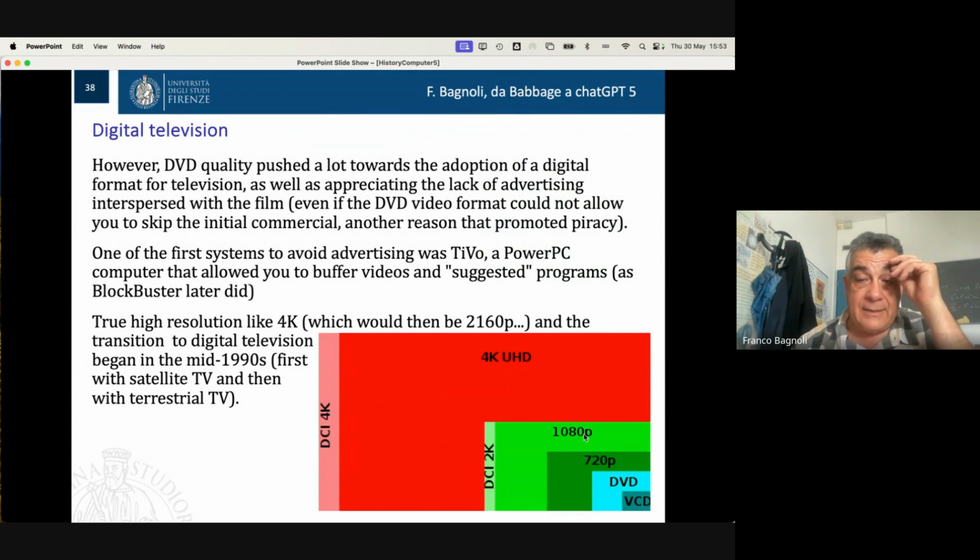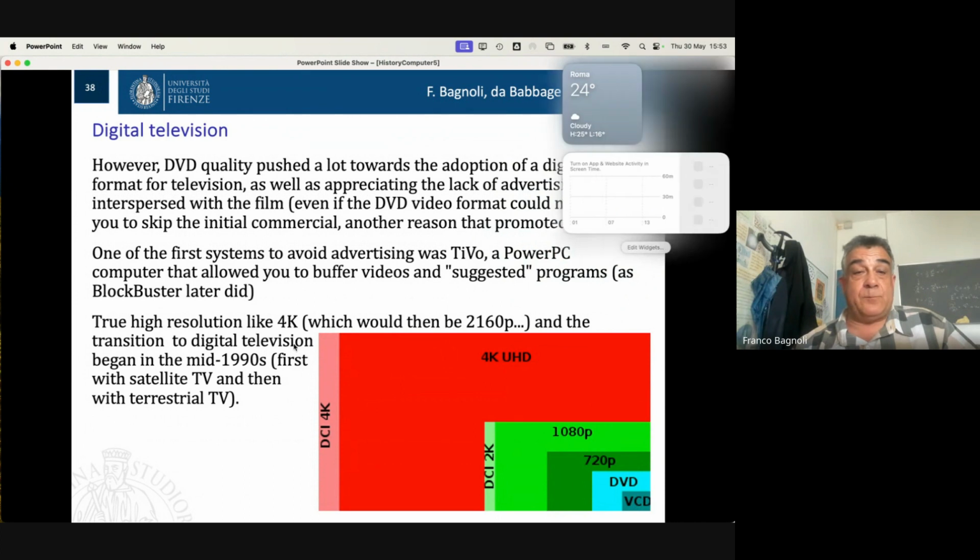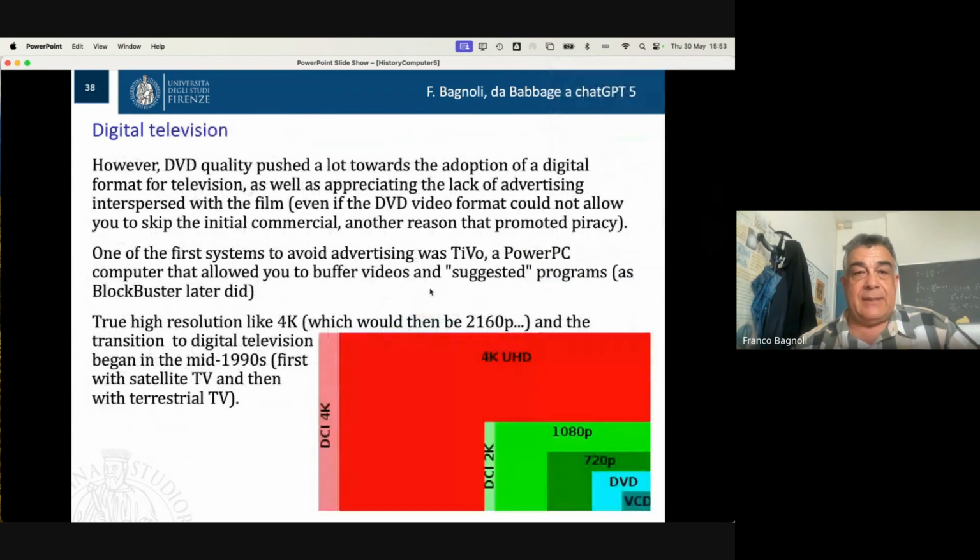And now we have 4K, which is not really 4K, because it is double the size linearly of 1080. If you square it you get 4K, but this was not the relation between 720 and 1080.